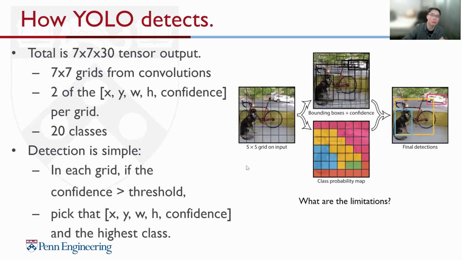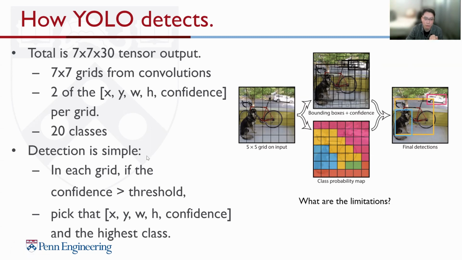So how does YOLO detect? As we just said, in total, there is a 7 by 7 by 30 tensor output, right? This 7 by 7 comes from the convolution, because the author divides the input image into a 7 by 7 grid. There are 2 boxes with 5 parameters per grid, and there are 20 classes.